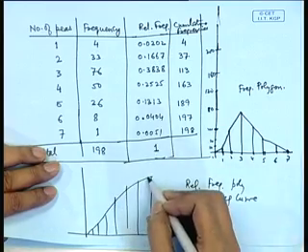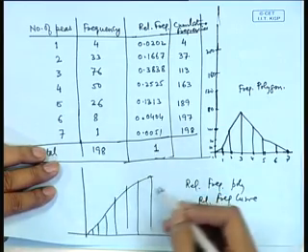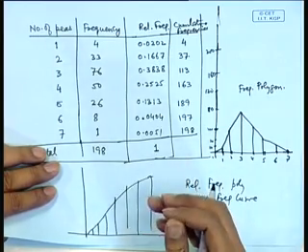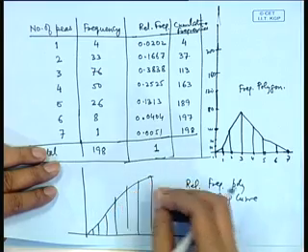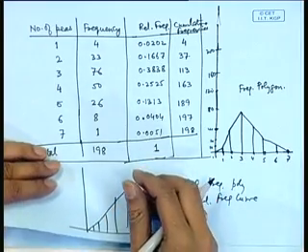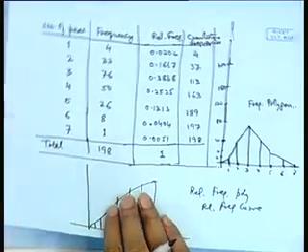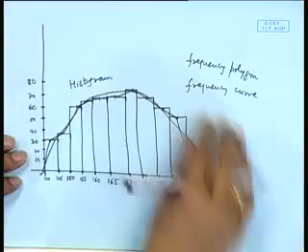The slope, or the steepness by which it is increasing, tells the relative importance of each value of the variable, because that will tell how much frequency is allotted to that one.